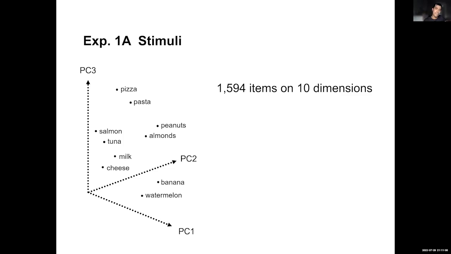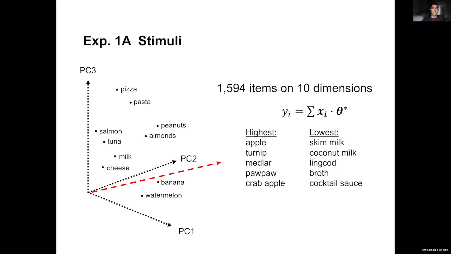So let's say we have food items. Here, there are just a handful of food items on 3 principal components. Similar food items are closer to each other in this space. What we do to assign them the property value that we're studying is we generate a random weight vector on these dimensions, and then with that random weight vector, we multiply the word vectors for these items to get the property value.